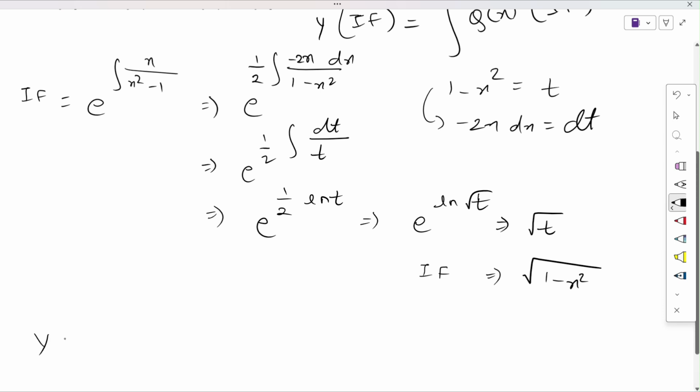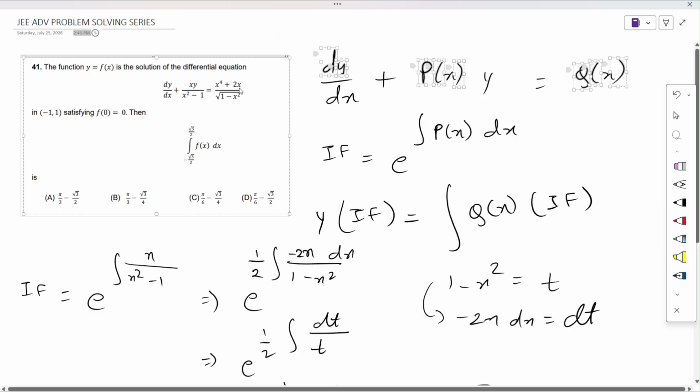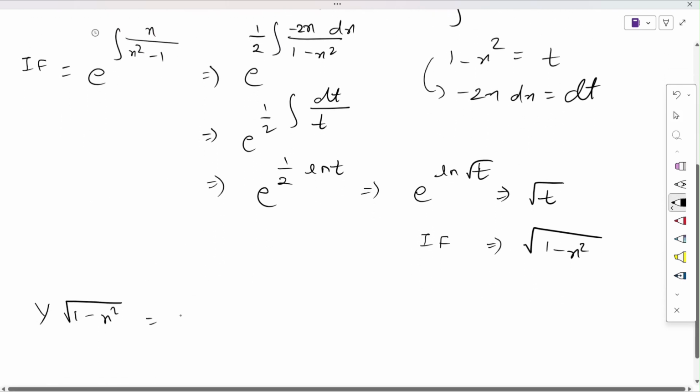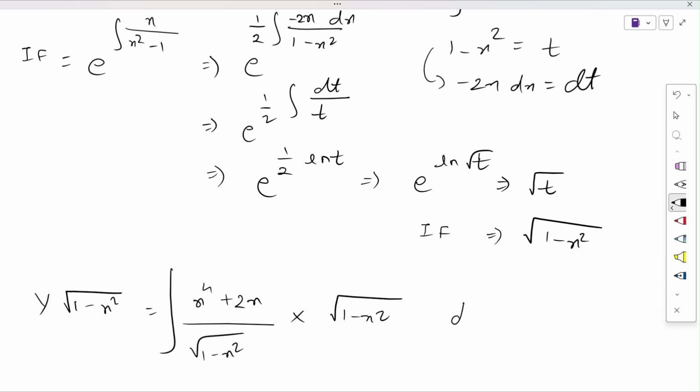Now let us talk about the solution of this differential equation. It will be y times the integrating factor, that means y times root 1 minus x square equal to the integration of q of x. Now this thing over here is q of x, so I'll write x raised to 4 plus 2x upon root 1 minus x square, times the integrating factor, which will be root 1 minus x square.